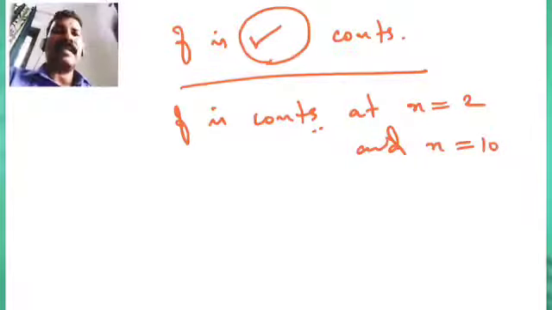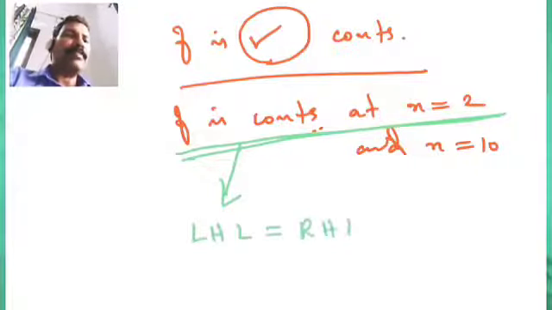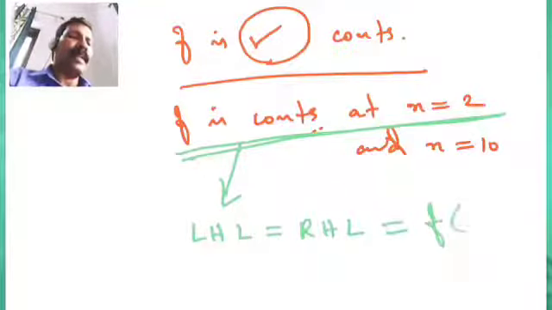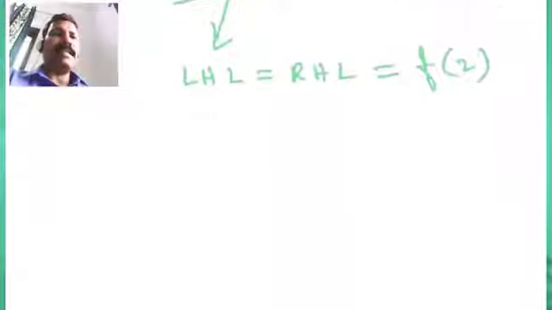When a function is continuous at x equal to 2, what do you mean by that? That is, the left hand limit should be equal to the right hand limit, which should be equal to the value of the function at that point, isn't it? So we can utilize that here.